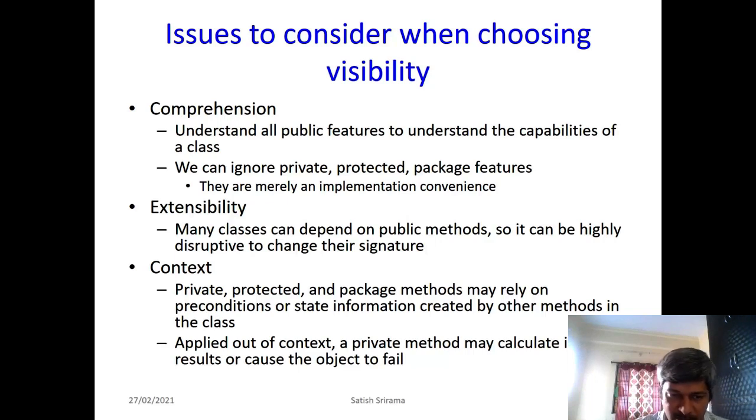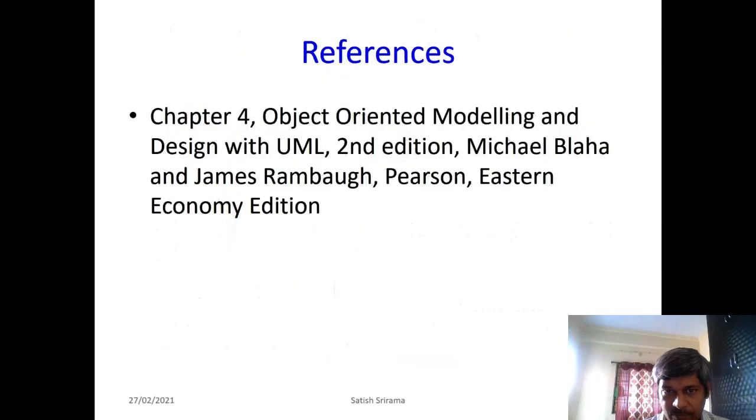If you remove all that context, applied out of context, a private method may calculate incorrect results or even cause the object to fail. So these are the things you should be considering while choosing the visibility. Okay, hope that is clear.